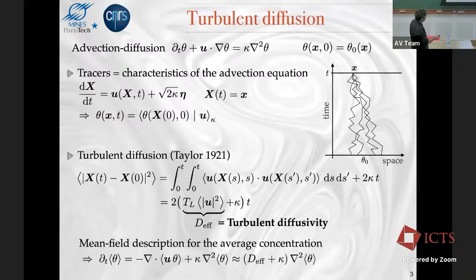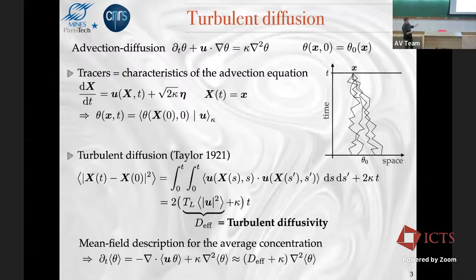Along all these trajectories, you have different initial positions, at which you compute the initial value of the scalar field. And then by averaging this initial value over all these different paths, you get the final value of the field. So this is the usual Lagrangian approach to understand this advection diffusion equation.